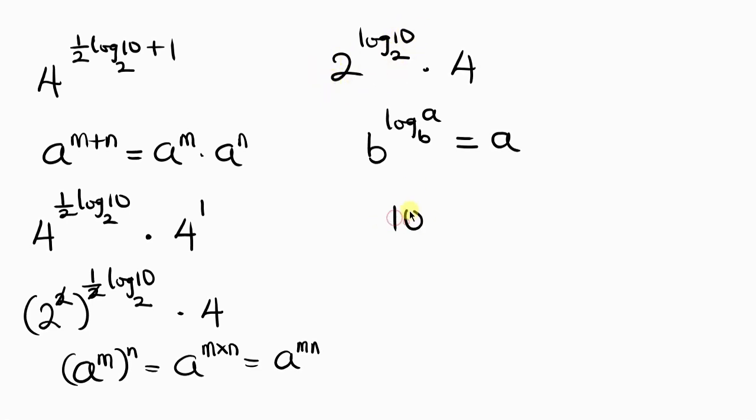So 10 times 4, which gives 40. And this is equal to the right hand side. So when the left hand side is proved to be equal to the right hand side, it shows our result for x is correct.